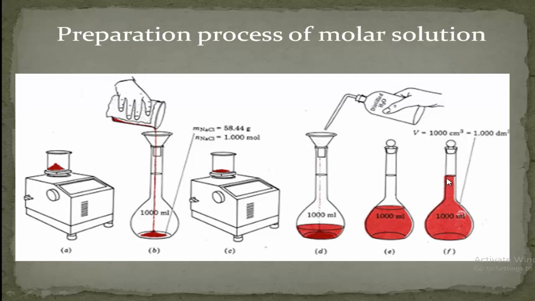If we cannot fill to the mark properly, then the concentration will change. So to keep the concentration perfect, we have to fill to the calibration mark of the volumetric flask perfectly.